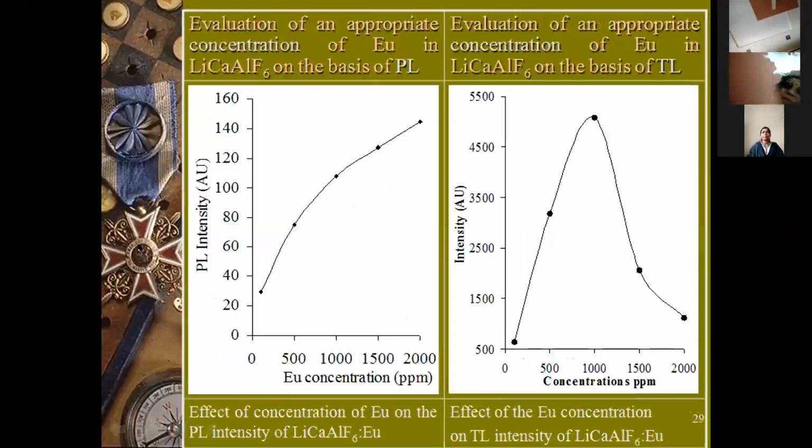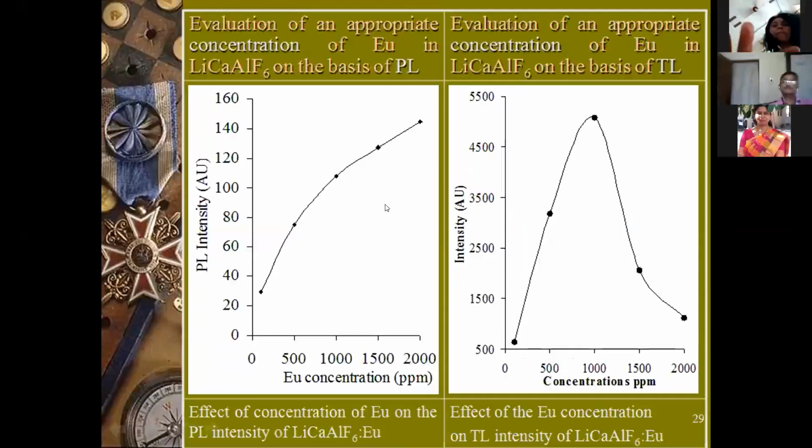Then effect of concentration of Eu on the TL intensity of LiCaF6 is also being monitored, and as you increase the concentration of Eu, you can see the performance of this. Effect of Eu concentration on TL intensity.